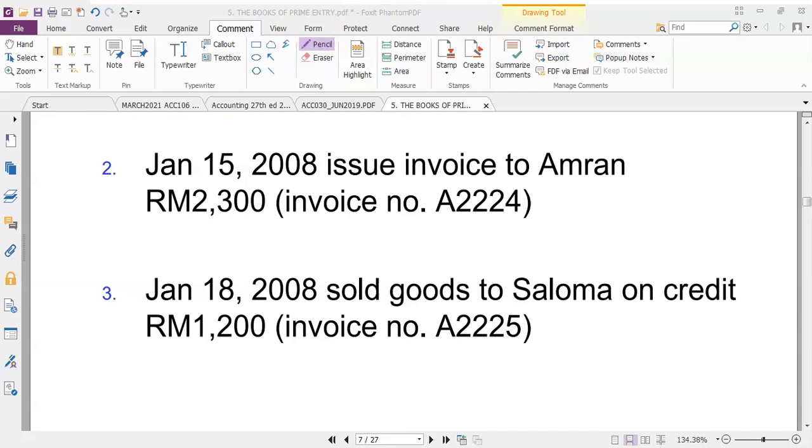Bentuk dia sales invoice ni, it looks like bill lah. Contoh kalau kita dapat invoice ataupun receipt. Kalau kita beli barang, kita akan dapat receipt. Macam tu lah lebih kurang.